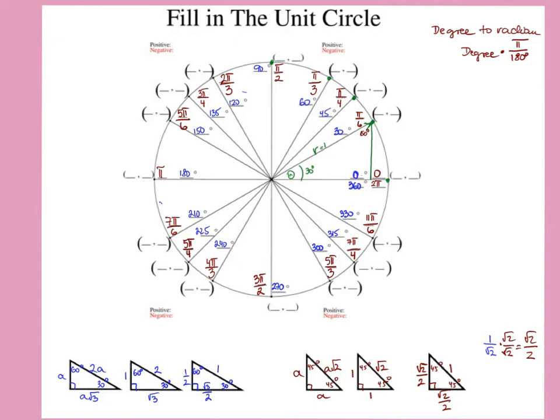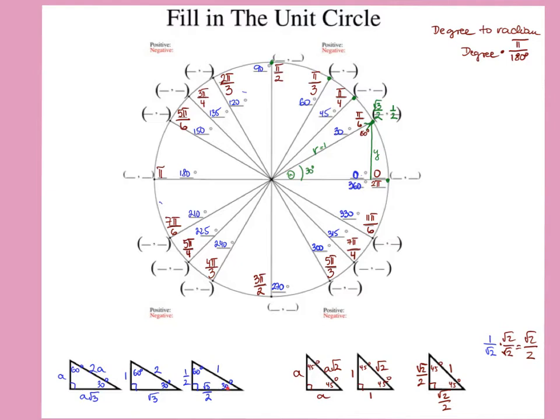So I am going to look at my y coordinate, which is here, and the y coordinate of this point is going to be 1/2, and the x coordinate of this point is √3 over 2. And this comes from looking at sine 30 is opposite over hypotenuse, 1/2 divided by 1.